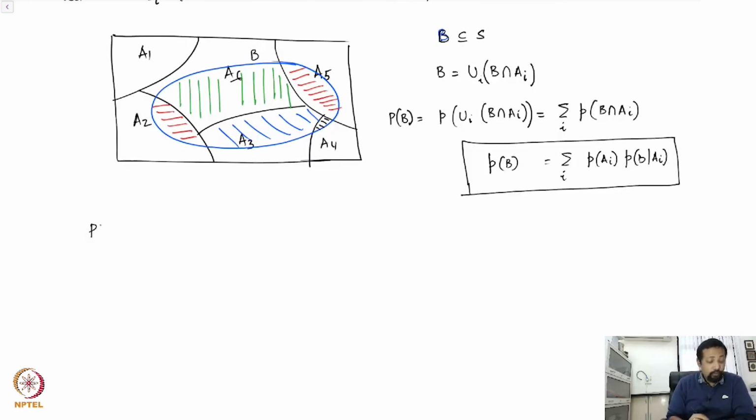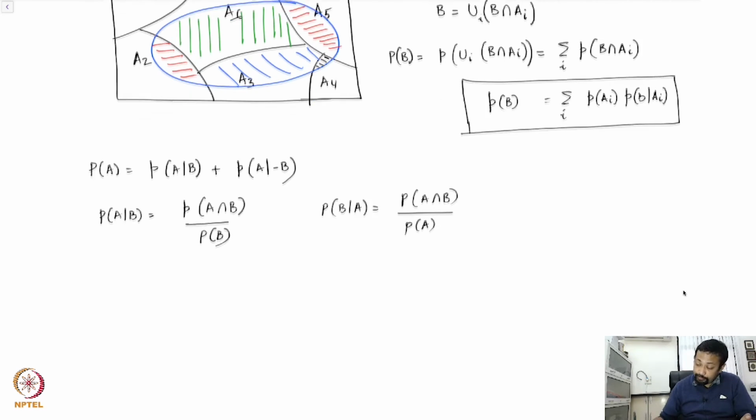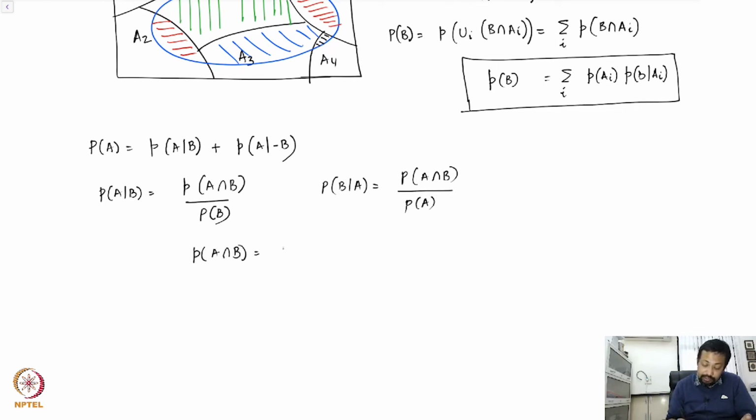Now, the conditional probability of A given that B has occurred is P of A intersection B divided by P of B. And as we had already written, P of B given that A has happened is P of A intersection B divided by P of A. Which means A intersection B can be written as P of B given A times the probability of A, right?